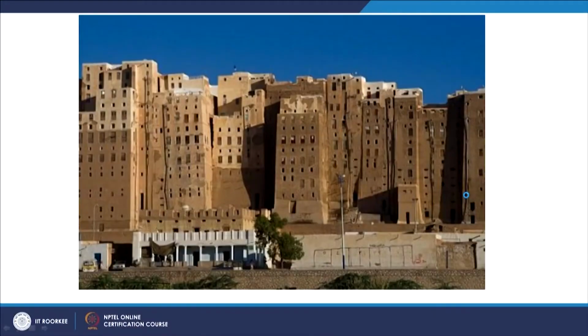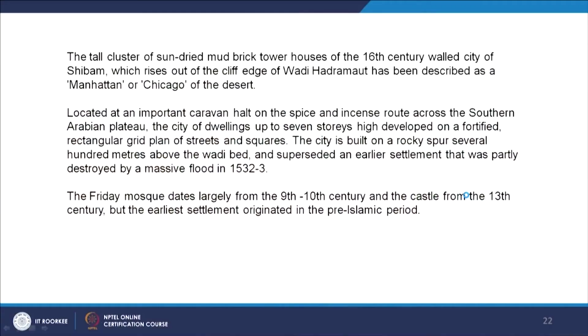It's one of the perfect examples of how they made a kind of skyscraper model, and how indigenous resources were developed. In fact, the 16th century walled city rose out from the edge of Wadi Hadramaut, and it is always referred to as the Manhattan or Chicago of the desert.